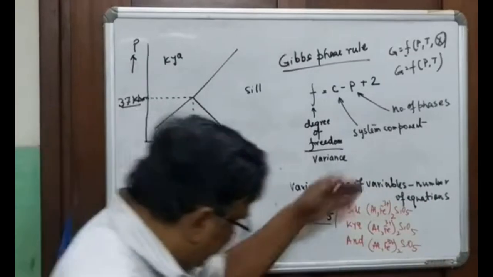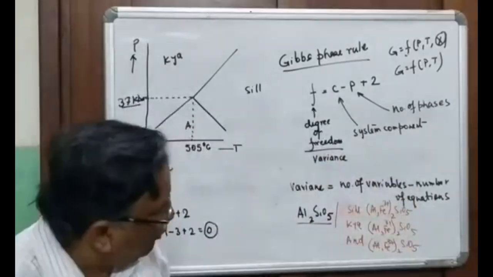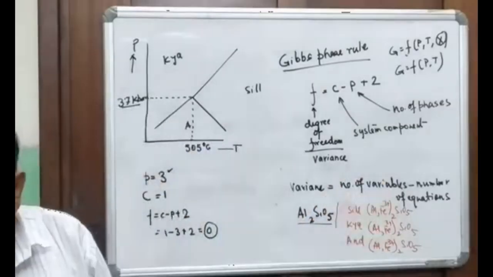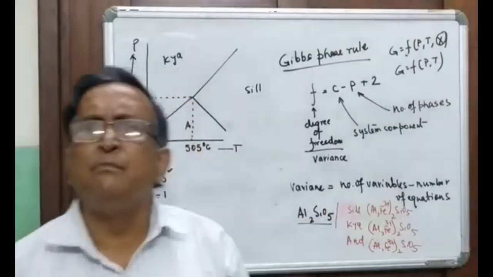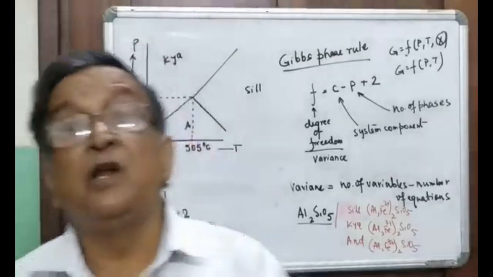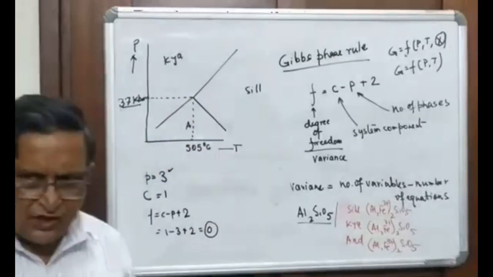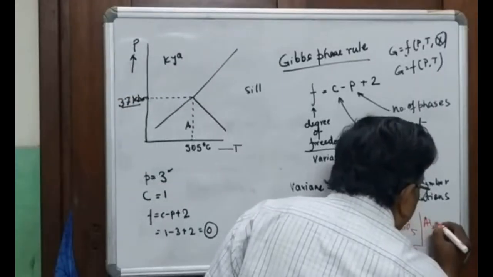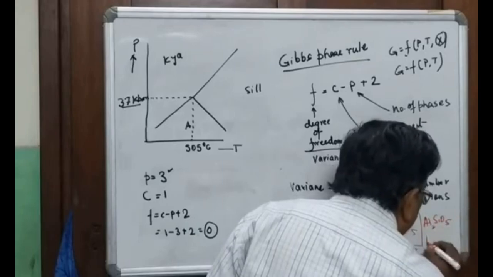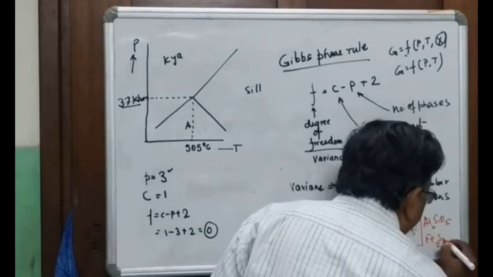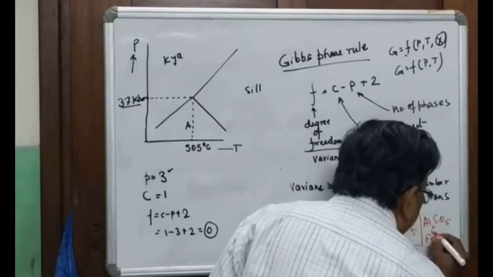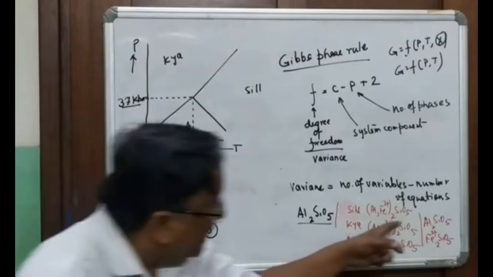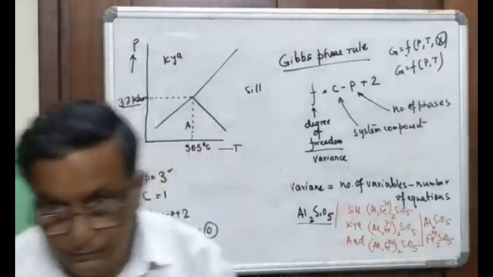Now, if I ask you for this Al2SiO5 phase diagram, what are the system components? What will be your answer? The answer will be Al2SiO5 and Fe2SiO5, remembering that this is 3 plus. So you have two components now, Al2SiO5 and Fe2SiO5.